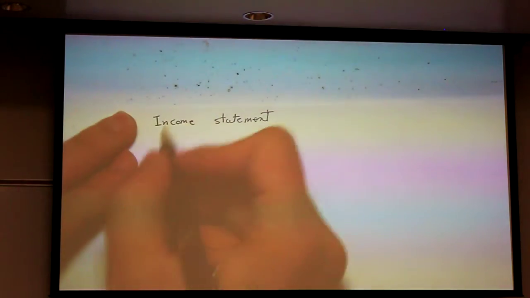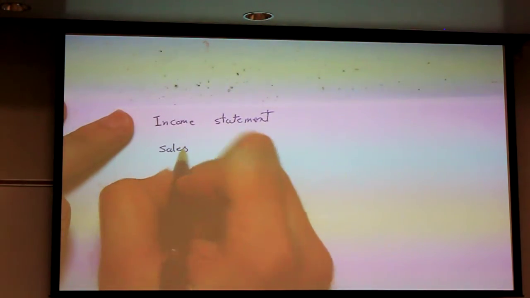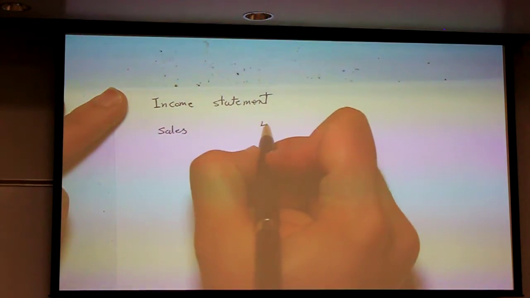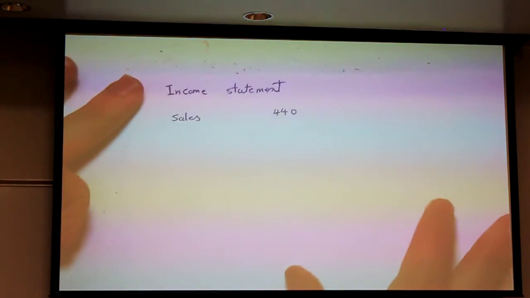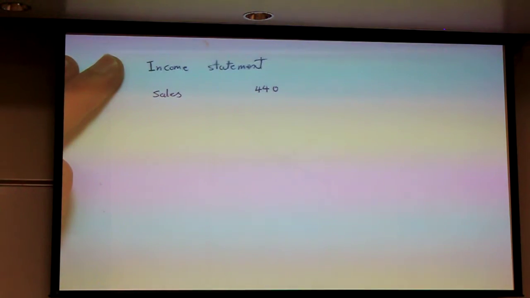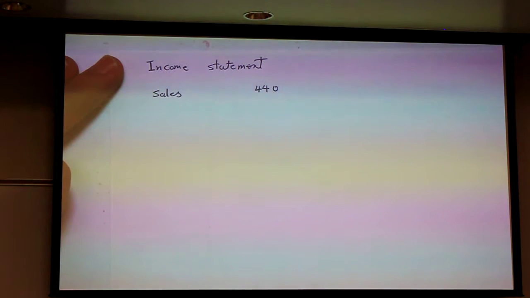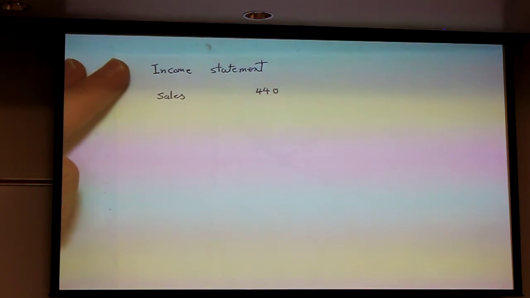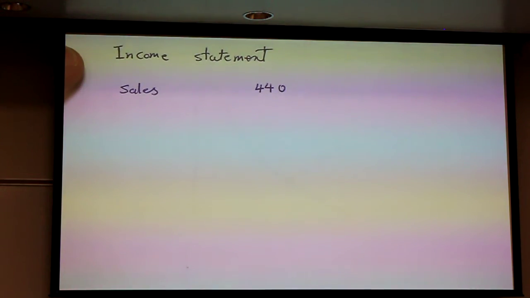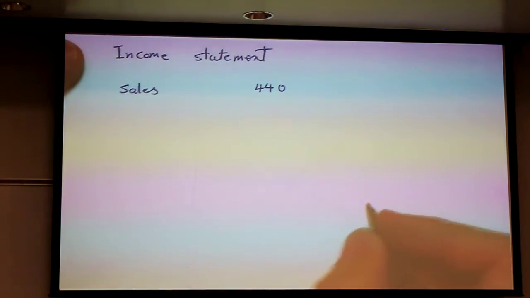Okay. Income statement, sales comes first. I'm going to do this very quickly because we had it already. So sales is 440. How's the font? Do I need to zoom in or is it good? Good? Okay. Sales 440.